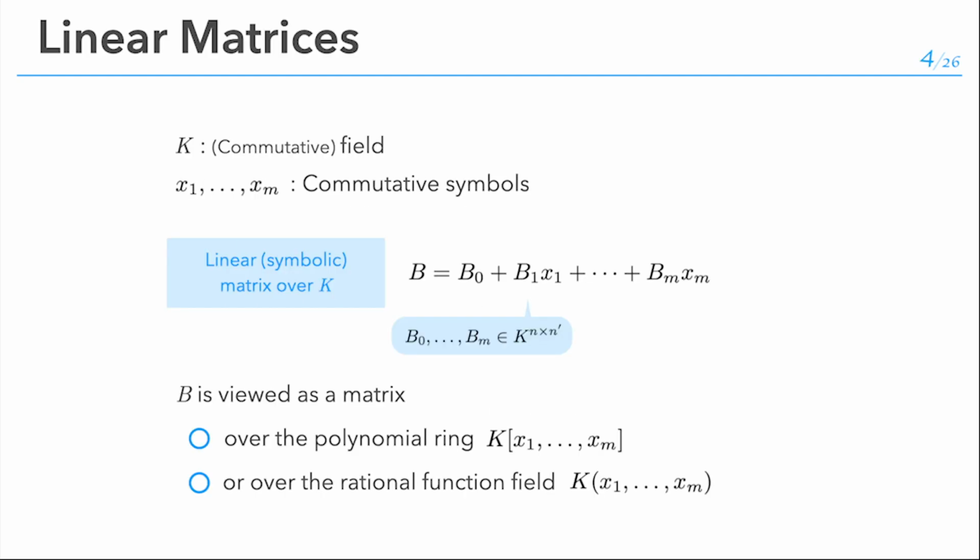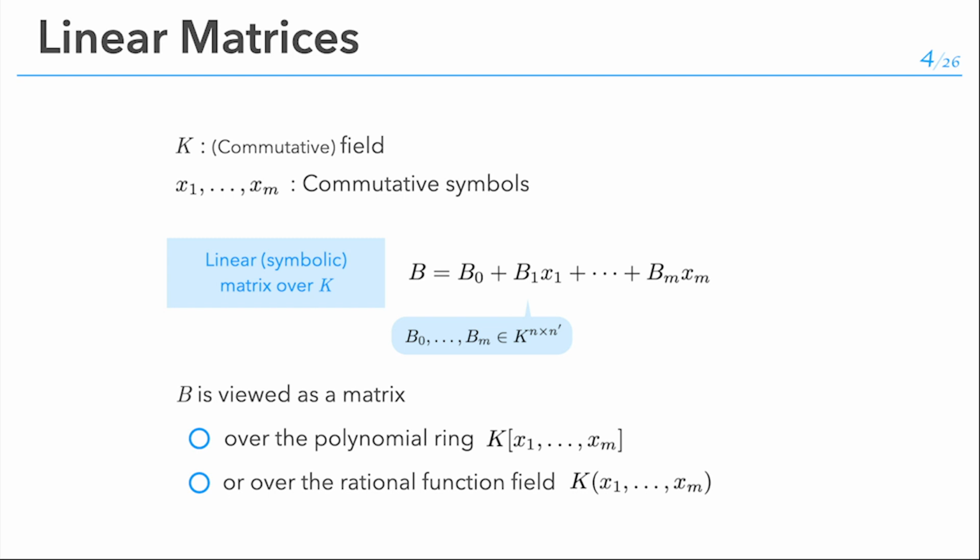Okay, let K be a commutative field and x1 to xm be commutative symbols. A linear symbolic matrix, or simply a linear matrix over a field K, is a matrix in this form.